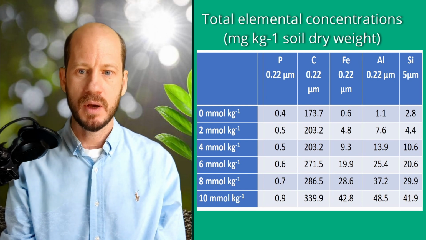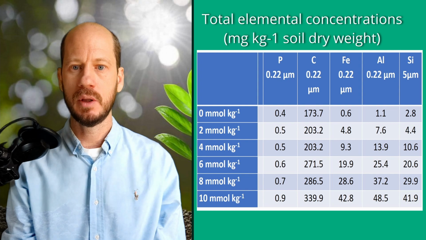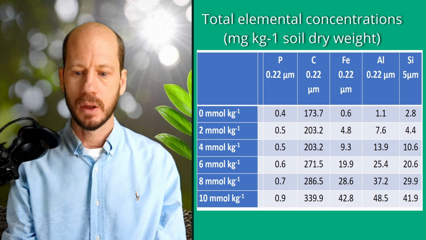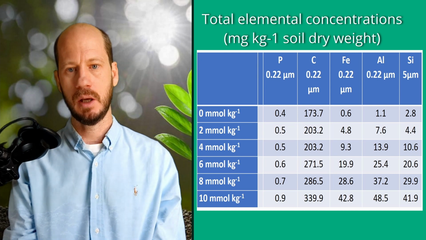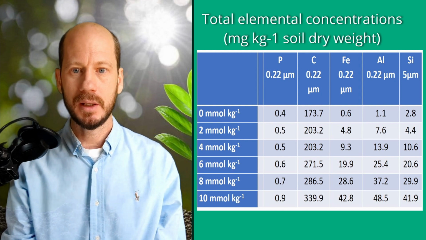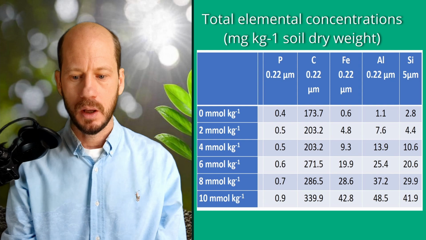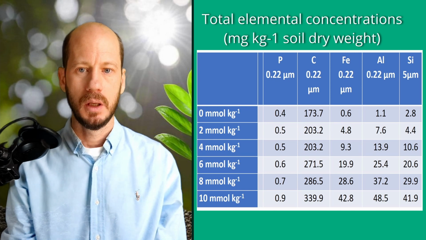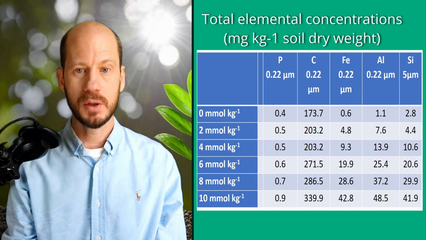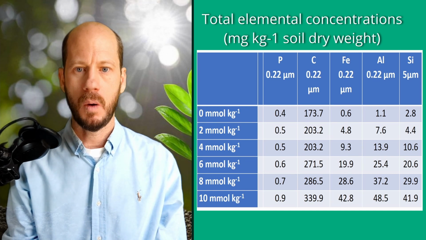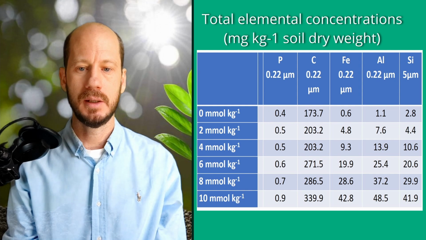We see that this response was very similar to what we saw in the previous study, where we measured the phosphorus desorption parameters: a slight increase, nearly doubling in phosphorus, nearly doubling in carbon, and a very significant increase in soluble iron, aluminum, and silica in this system. Although you do not see silica in the colloidal fraction, you do see it very strongly as soluble silica in this system.